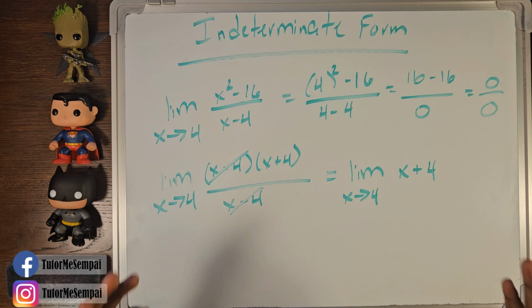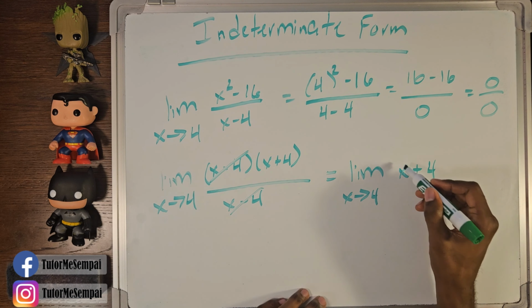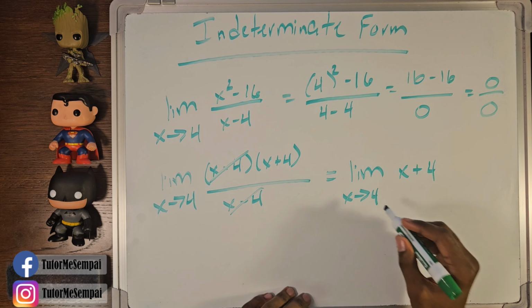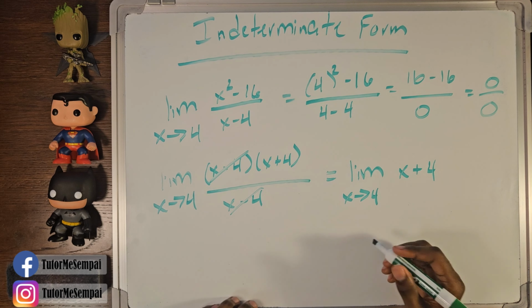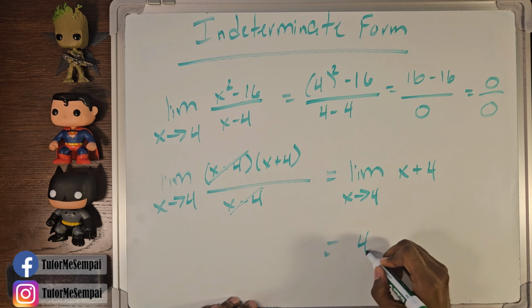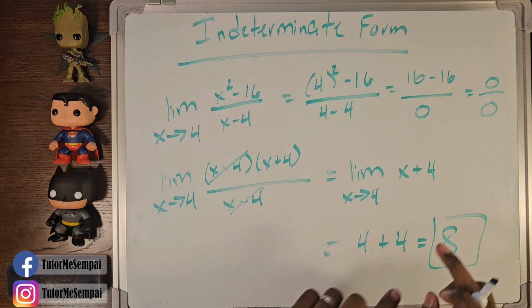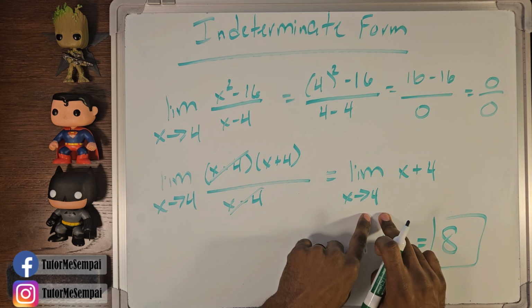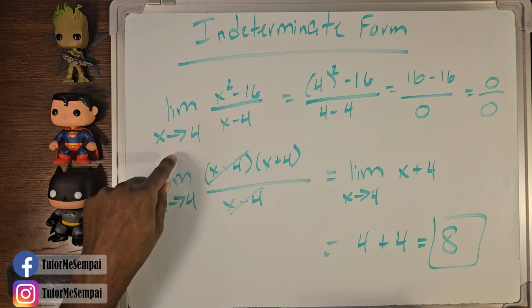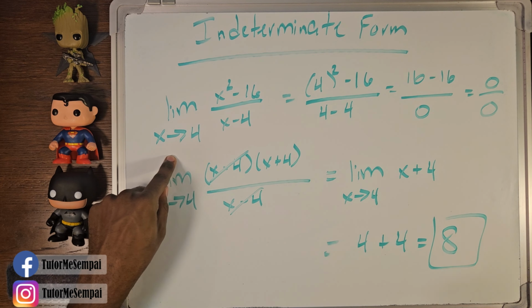So it lets you know that the limit is going to be simply what does this equal at 4. So simply plug it in. That's going to be 4 plus 4, which is 8. The value of this function at this point is going to be what the overall limit of this function is.